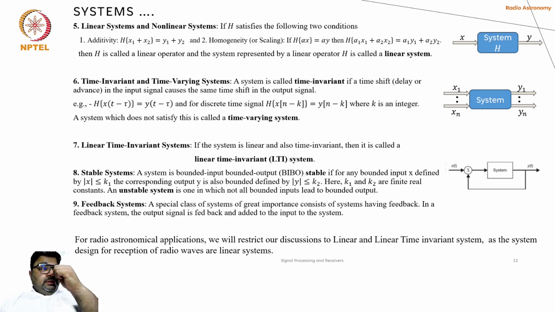If these two conditions are satisfied, then H is called a linear operator, and a system represented by a linear operator is also called a linear system.